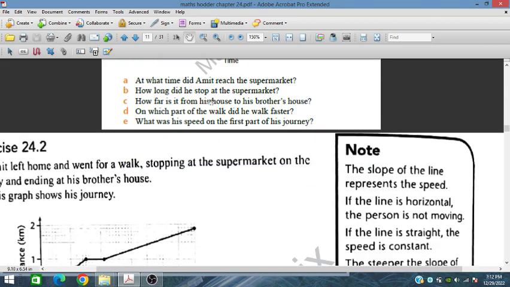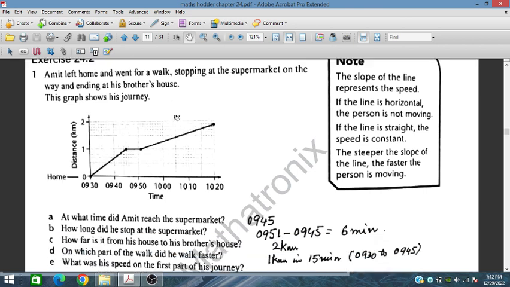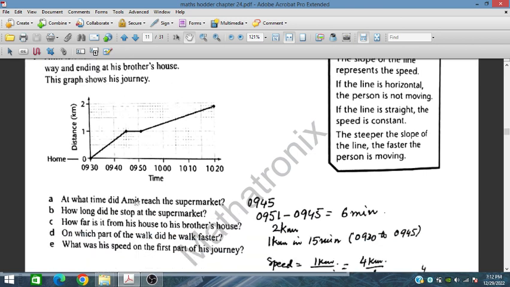So let's solve this. At what time did Amit reach the supermarket? Amit reached the supermarket at 9:45, because on this axis we have 9:35, 9:40, 9:45, 9:50, 9:55, 10, 10:05, 10:10, 10:15, 10:20.